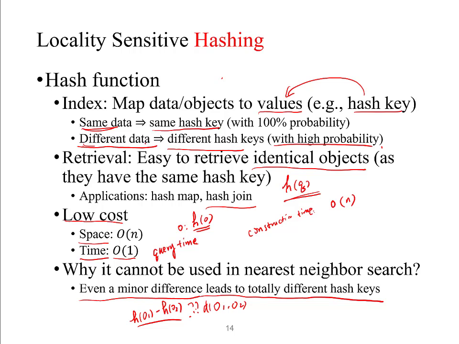There's no relationship between these two. So even when the objects are really close to each other, their hash keys could be quite different from each other. That's the reason why we cannot directly use this hashing idea in nearest neighbor search, because we are not aimed at finding exactly the same objects.